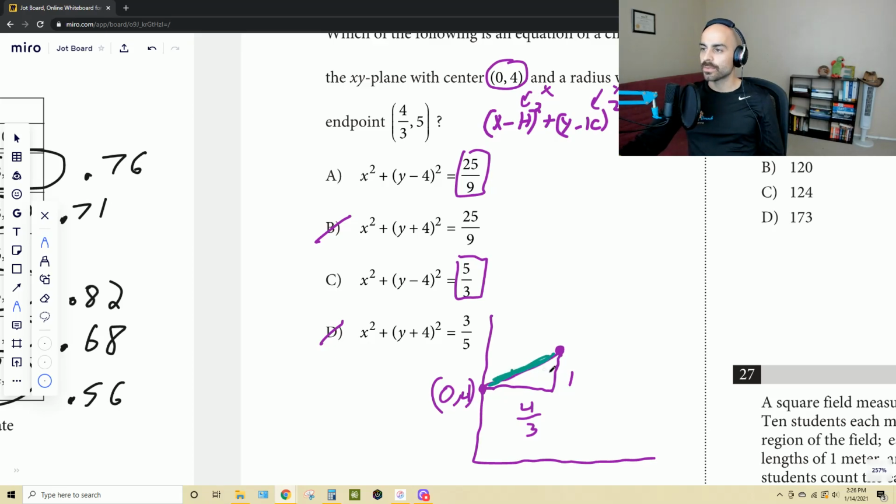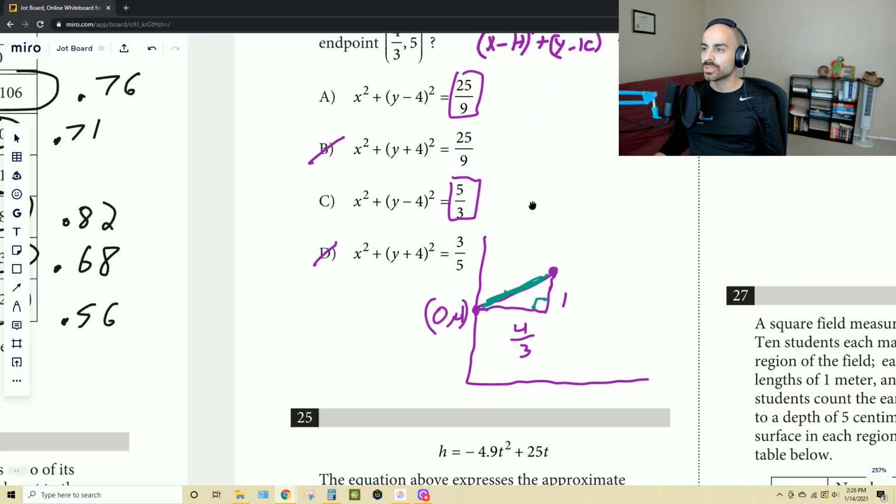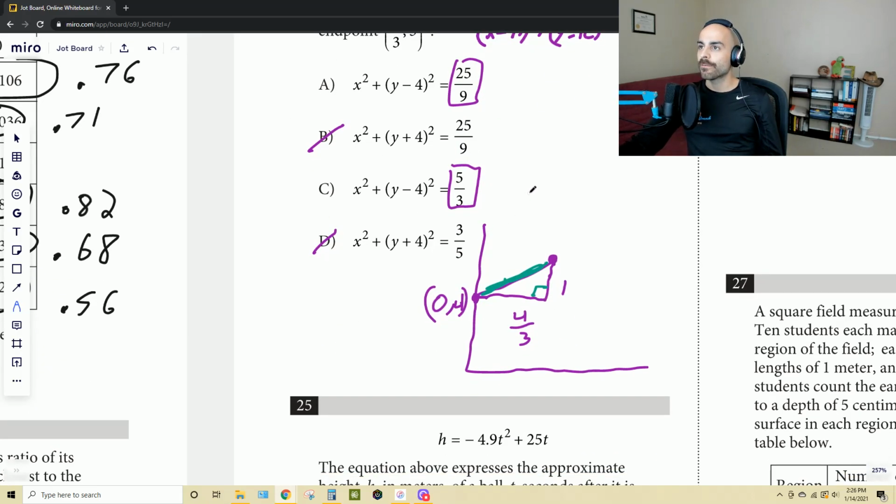And now we solve for that, because it's a right triangle, by using the Pythagorean theorem. We just say that (4/3) squared plus 1 squared will equal our radius squared.